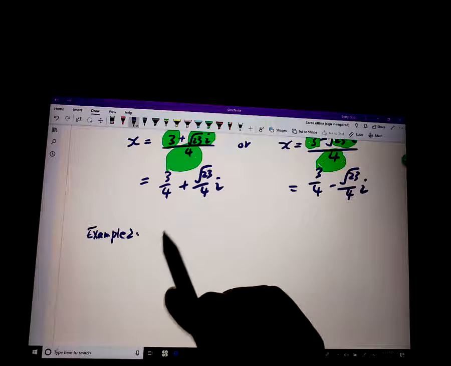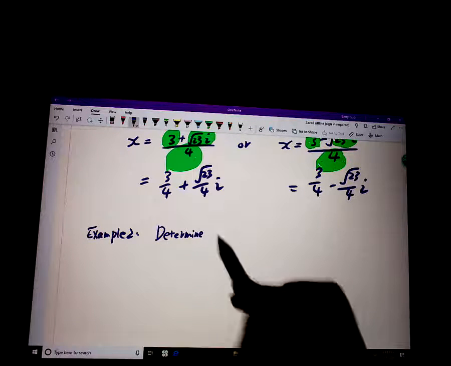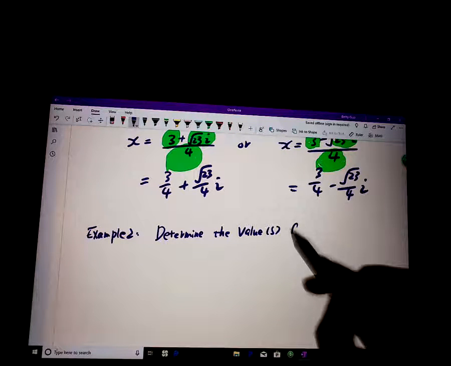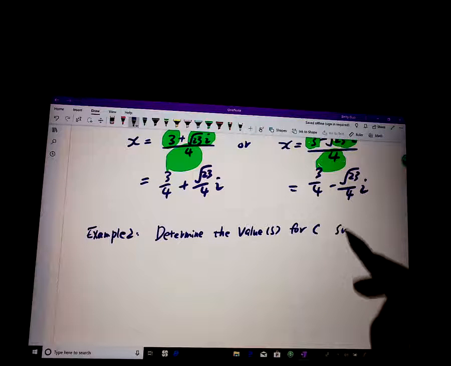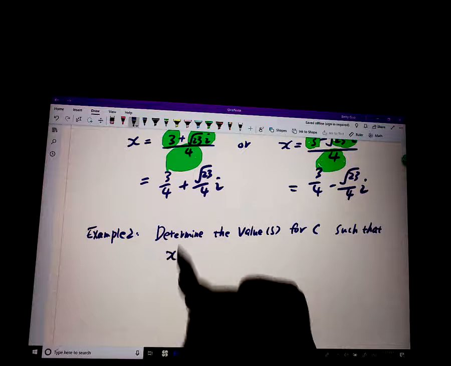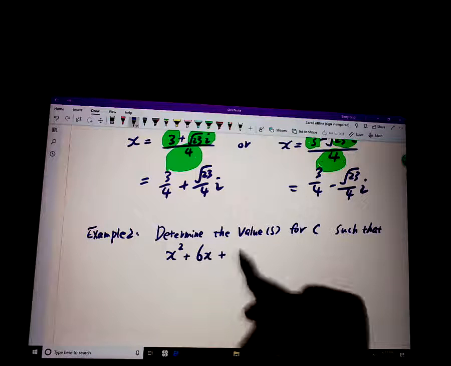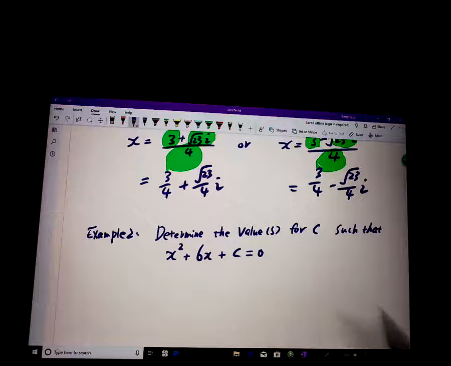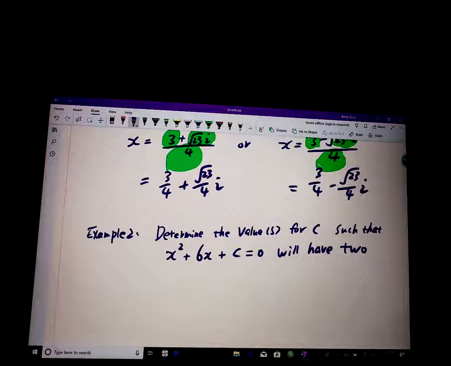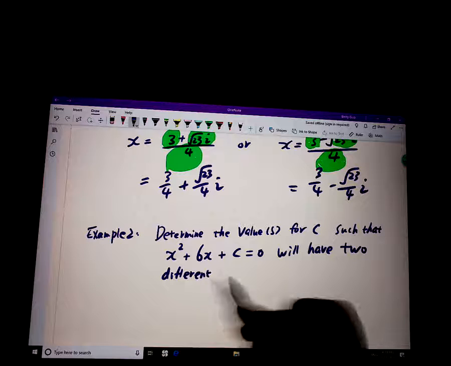Okay, determine the value or values for C, such that C is the constant term in a quadratic equation, such that x squared plus 6x plus C equals 0 will have two different real solutions.